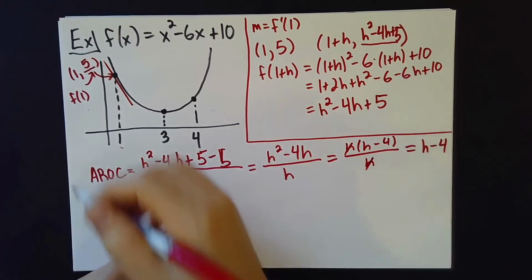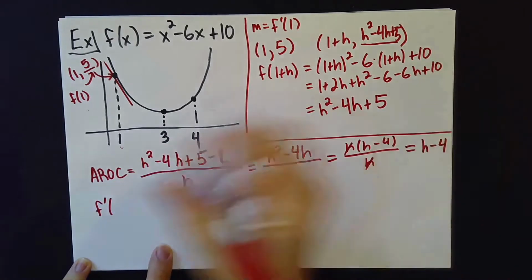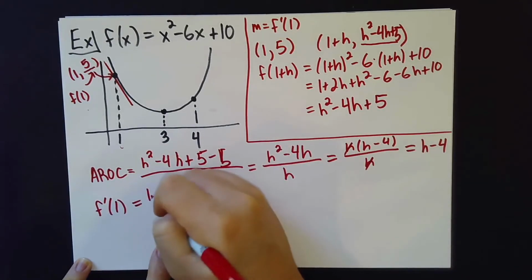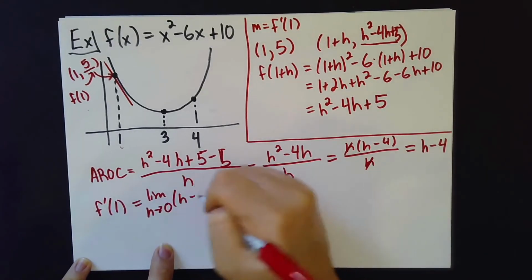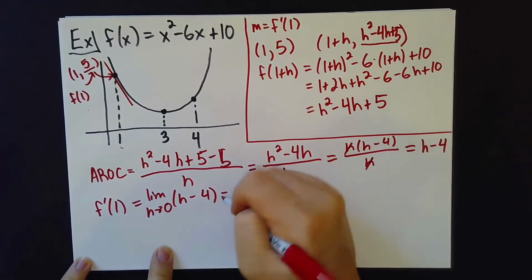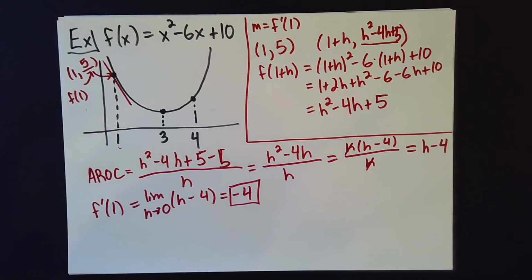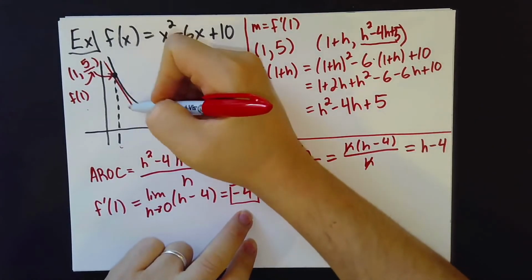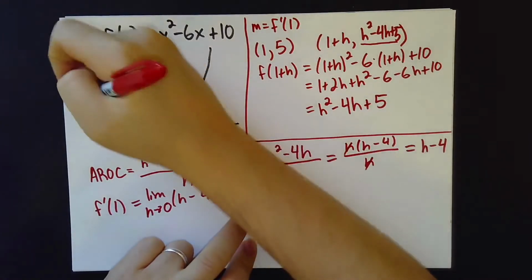And so then my f prime of 1 is the limit as h goes to 0 of that h minus 4, which is, in fact, minus 4. So the slope of this red line that I'm looking at is minus 4.